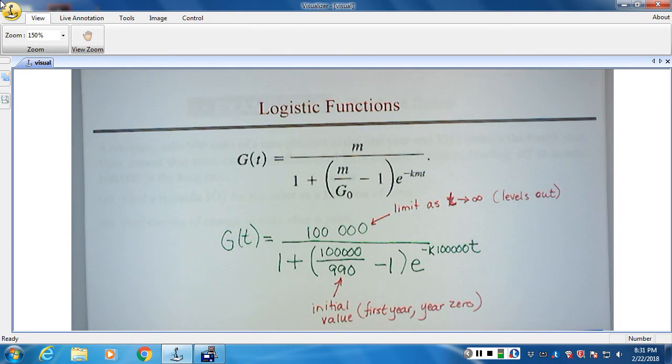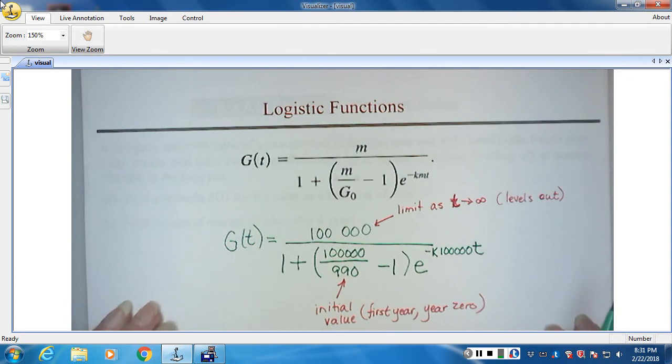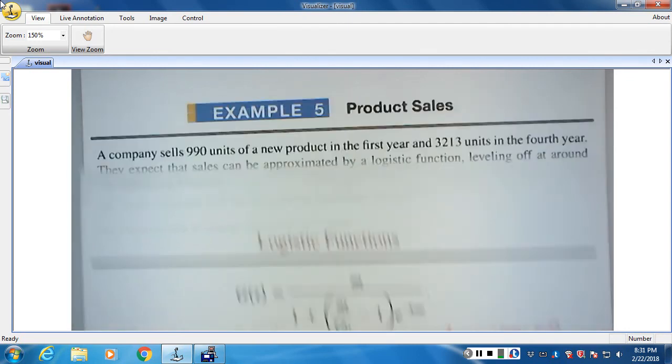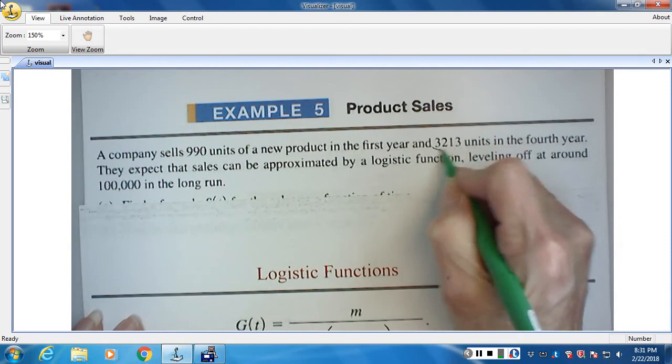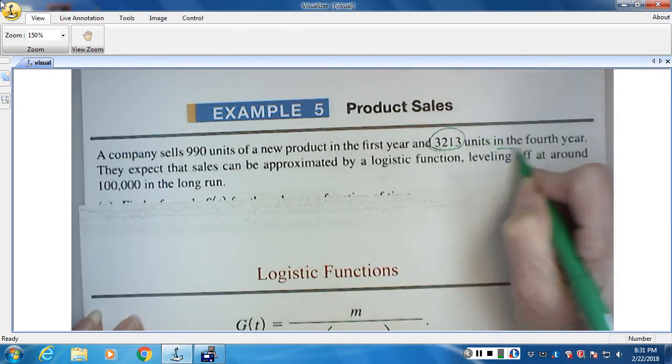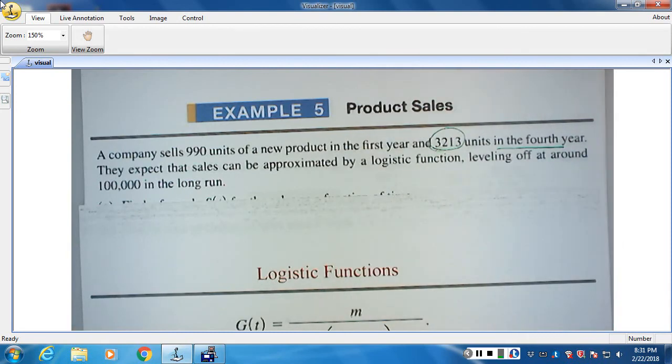In order to know the complete formula, we have to know what K is. And the way that we figure out what K is, because they gave us one more piece of information: when T was equal to 4, the value of the function was equal to 3213.